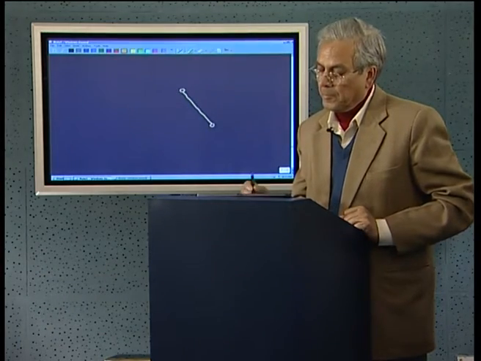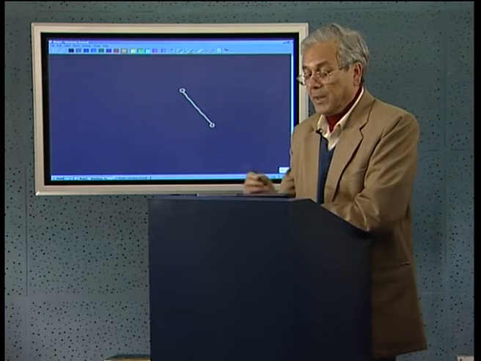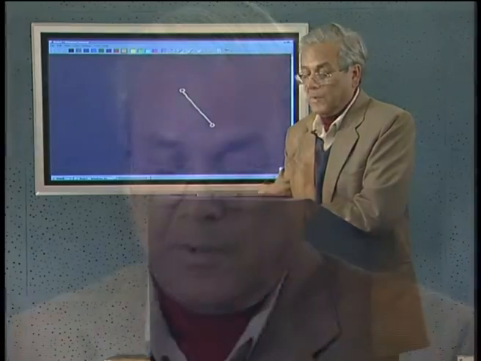Next, let us consider link 4. Link 4 is also in static equilibrium under the influence of the external forces, torques and the inertia force.